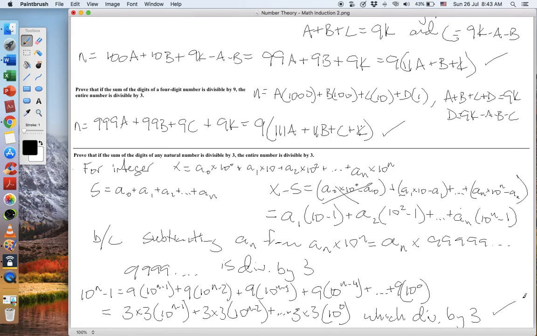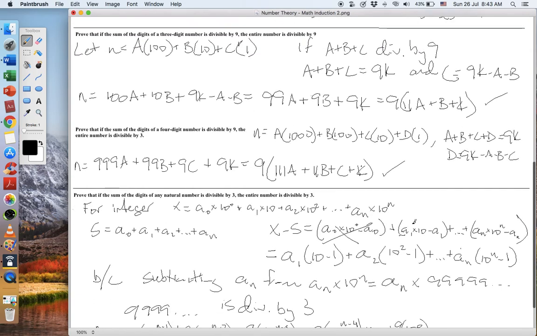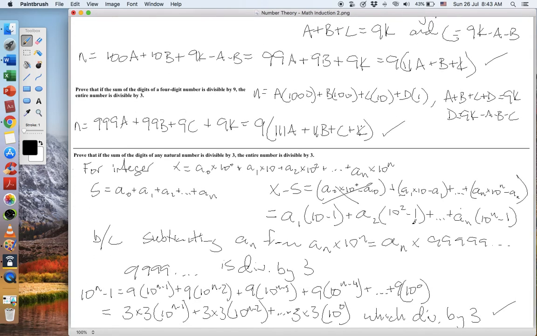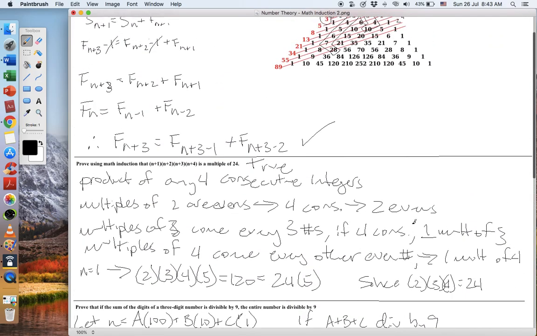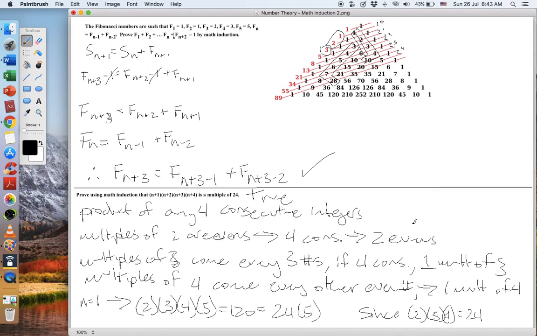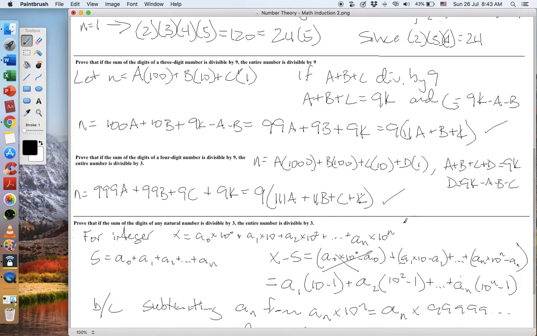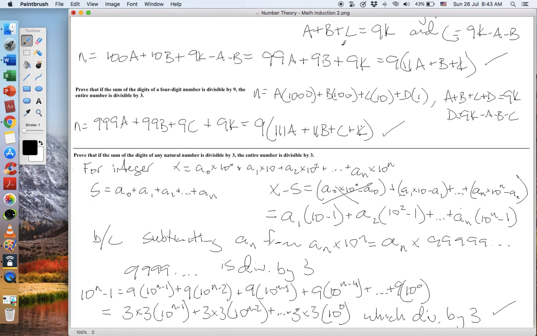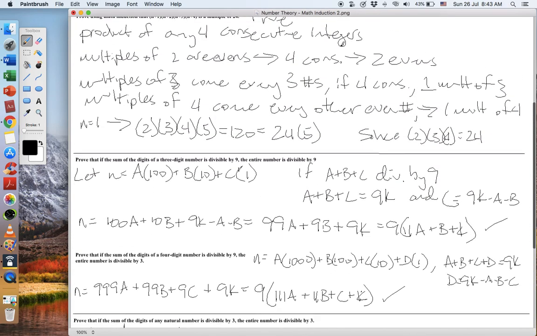And so if the sum of the digits in any number is equal to 3, or a multiple of 3, then the number itself is divisible by 3. All right, so those were some simple or relatively easy arithmetic mathematical proofs using induction. Thank you.